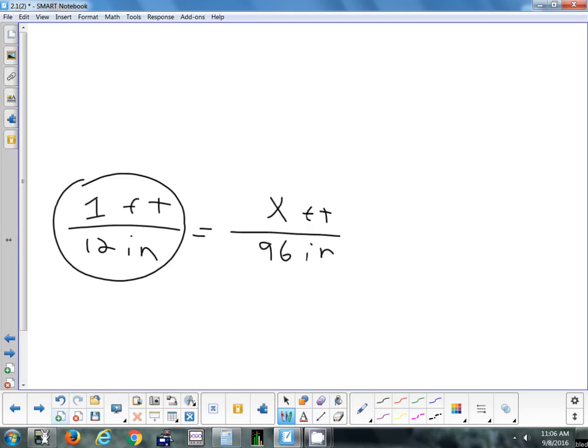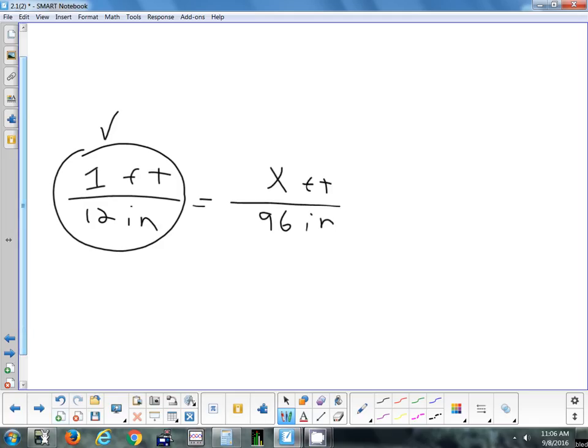Now, because I use the number 1 and the number 12, does this conversion limit what numbers I could put on the right-hand side? Connor? I don't think so. No. I can put any numbers I want here. Just because I picked a 1 and a 12, that's just the simplest conversion I could think of between feet and inches. I could do this if I want.